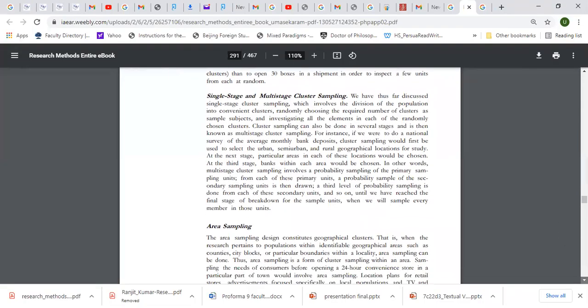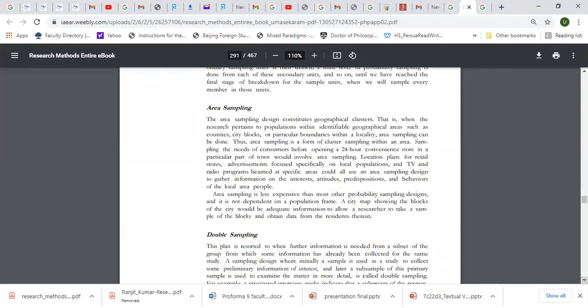As the name suggests, area sampling. In area sampling, the sample is selected based on the location of the participants or the population or the elements in the study.